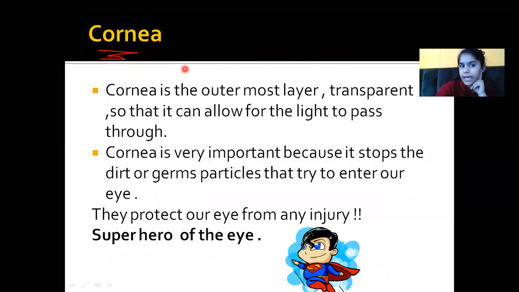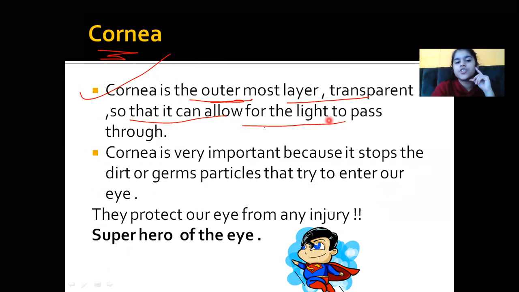Okay, let's study. The cornea is the outermost layer. It's a transparent layer so that it can allow light to pass through. If it were opaque, then the light would obviously not be able to pass through it. It is also very thin so that light can easily pass through.